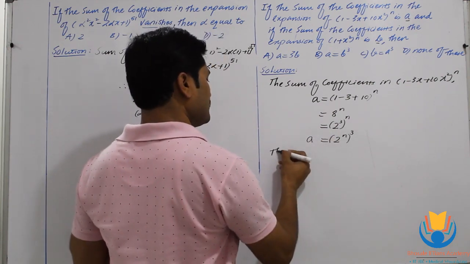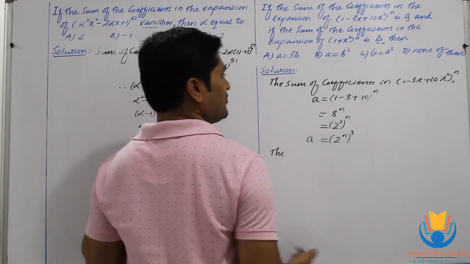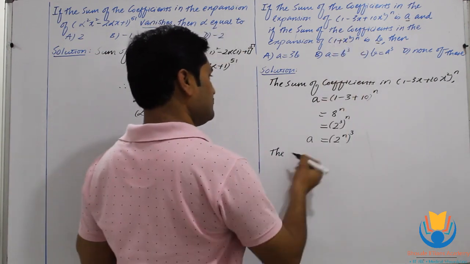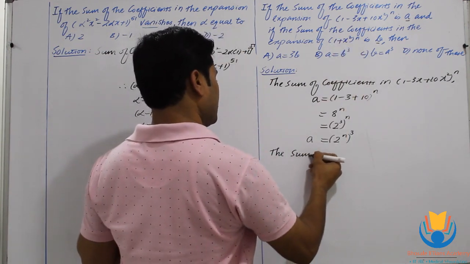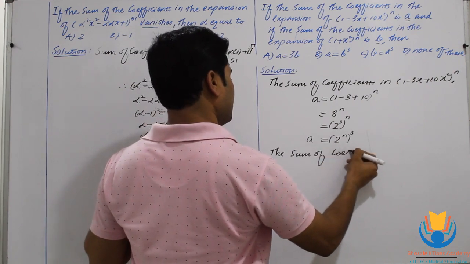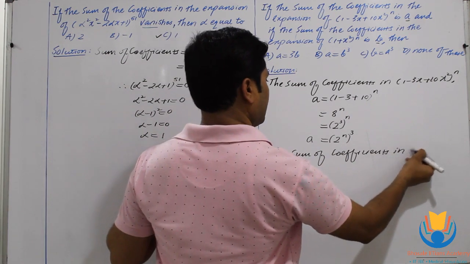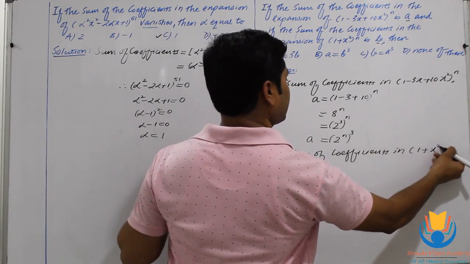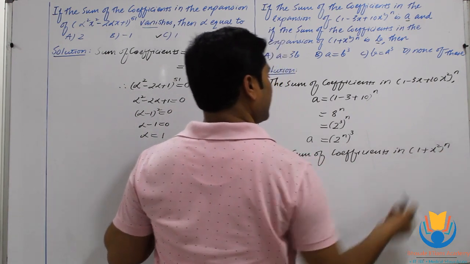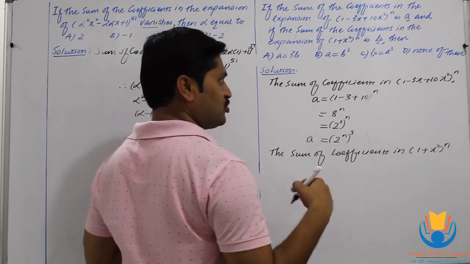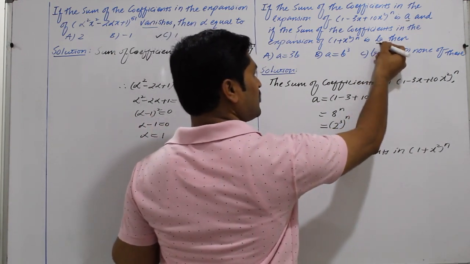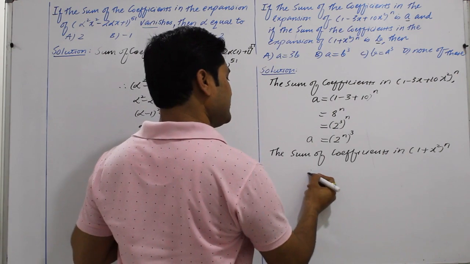Similarly, we will find the sum of coefficients in the second expansion, 1 plus x square whole raised to n. Again here also we will put the value of x to be 1, but that sum of coefficients is given to be b, so let's denote it by b.